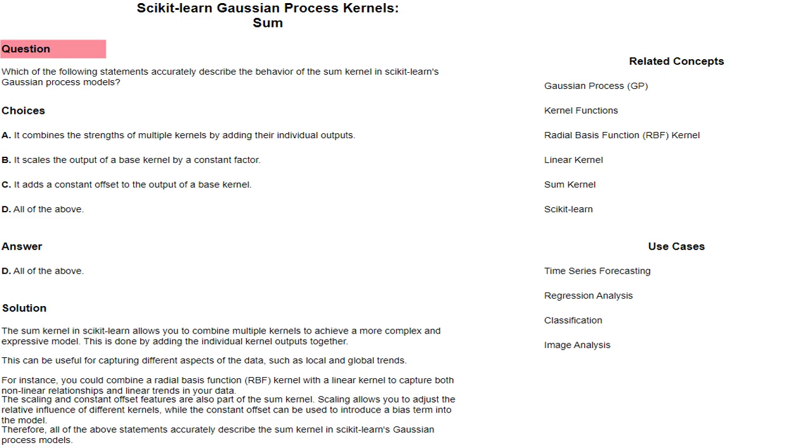Linear kernel. Sum of RBF and linear kernels. The sum kernel allows us to combine different kernels to capture both linear and nonlinear relationships. For instance, if we have a dataset with both linear and nonlinear trends, we can use a combination of an RBF kernel and a linear kernel to model the data more effectively.